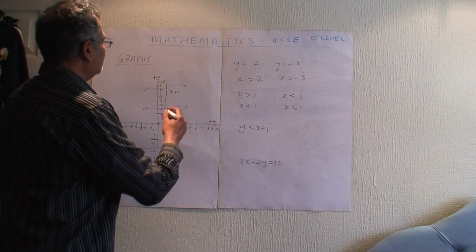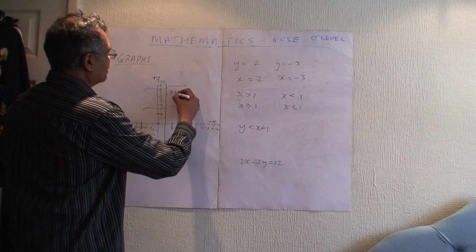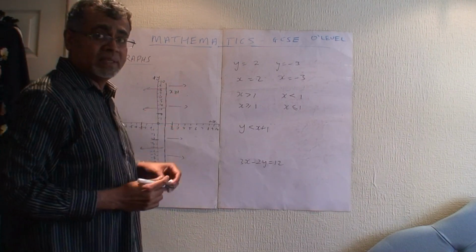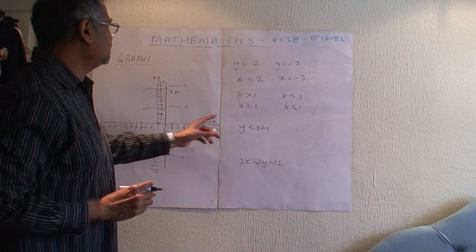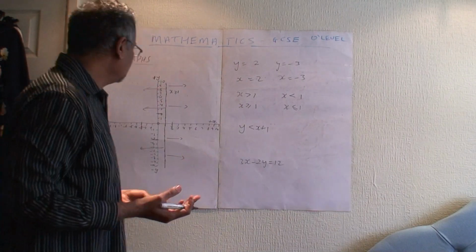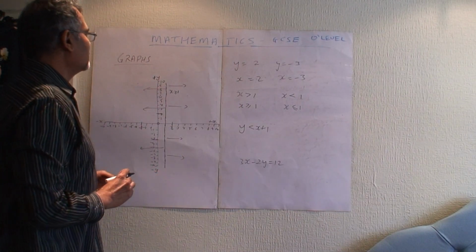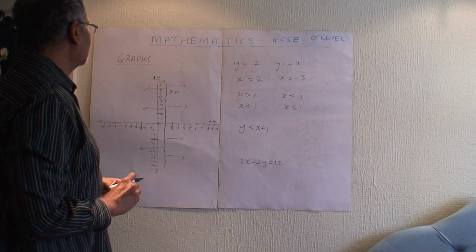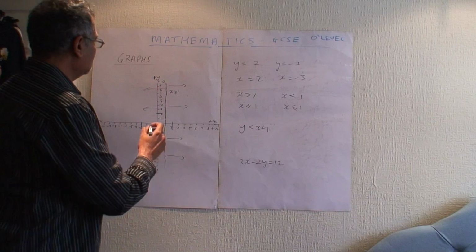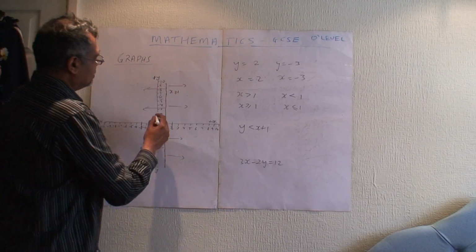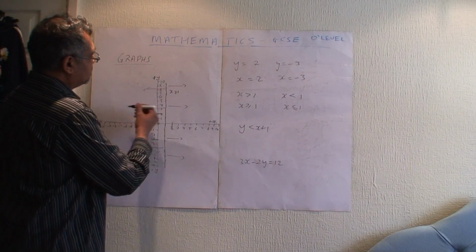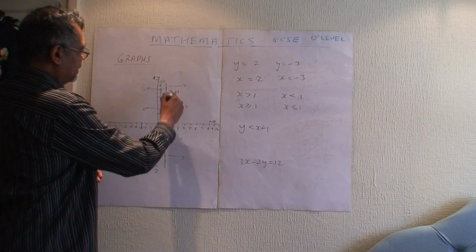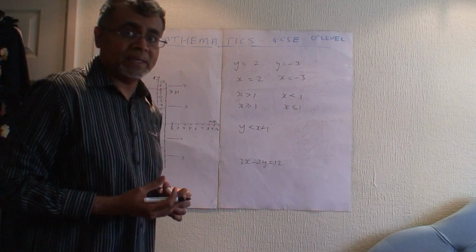And this will change to x is greater than or equal to 1. Similarly on this side, x is less than or equal to 1. It will be the same line, but the arrow is pointing in this direction, and it's a bold line.